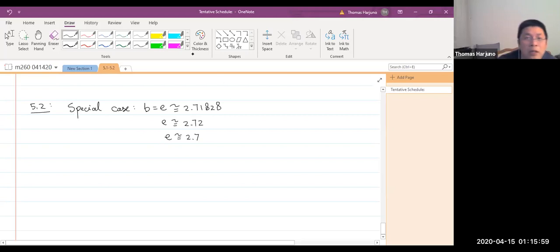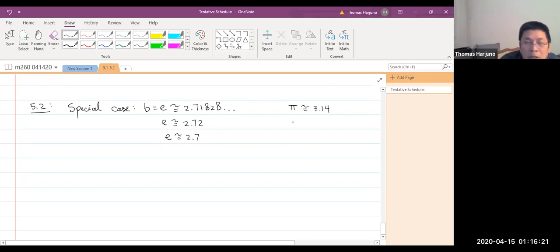Now, this e is actually an irrational number. In fact, we can call this a transcendental number. One of the transcendental constants that we learned before is pi, approximately 3.14.